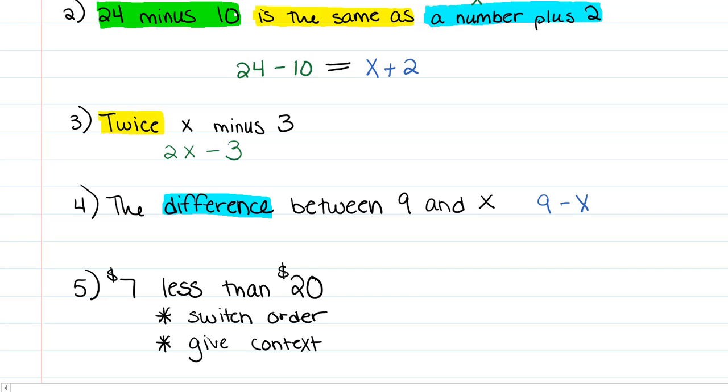If you have $7 less than $20, how much money do you have? And that's going to be a little bit of a tip-off on how to write this. So I'm going to write this 20 minus 7, because if I do have 7 less than $20, I should have 13, and I know that 20 minus 7 is 13. That is it. Good luck practicing.